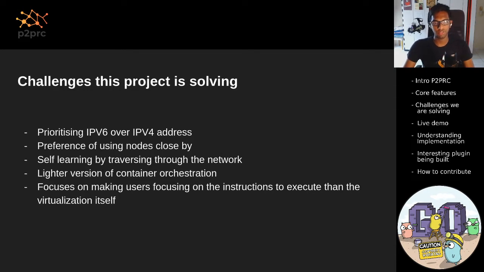The challenges this project is solving: one is prioritizing IPv6 addresses over IPv4 addresses. Most of us in the UAE have an IPv6 address. This means that we don't have to worry about problems such as NAT, and we all have our nice little public address. Most of us do have it, but we don't realize it.